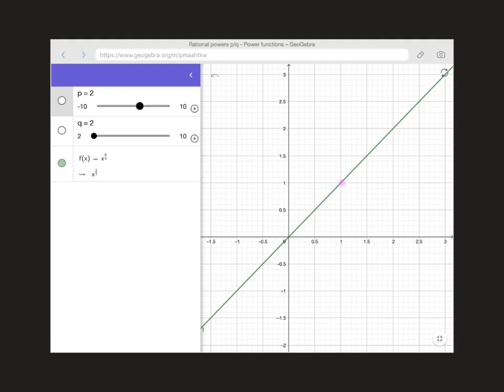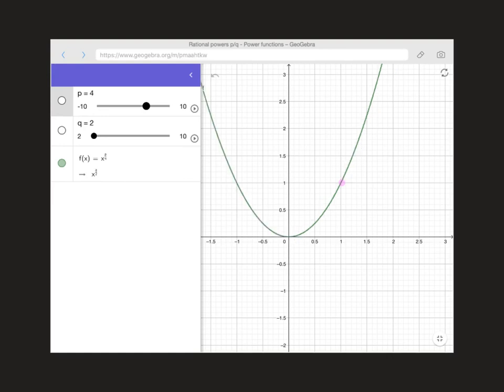To the power of 3 halves, and we've got our positive arm and it's starting to take its parabolic shape. So that's x to the power of 3 over 2, or x to the power of 1.5. Next one. So this is 4 over 2. So this is x to the power of 2, so this is our parabola.